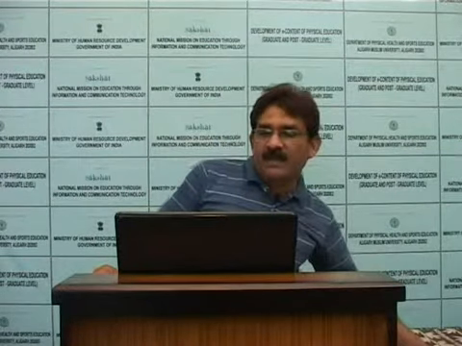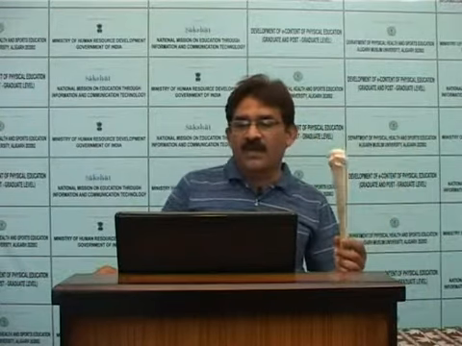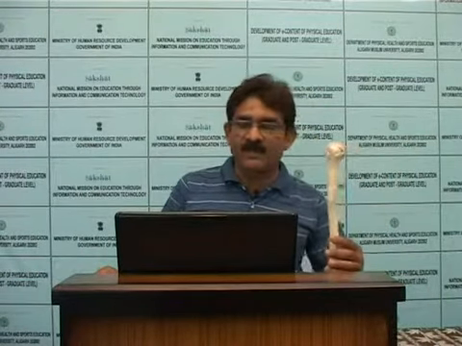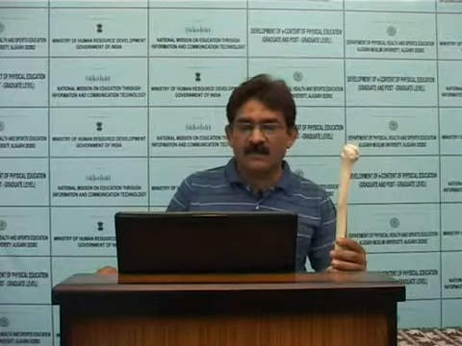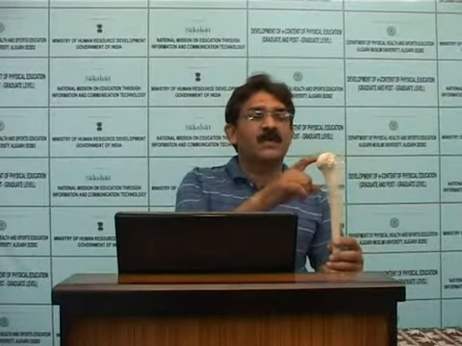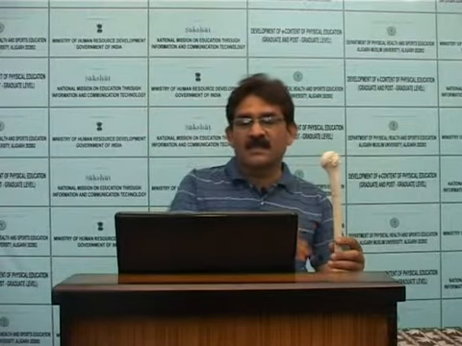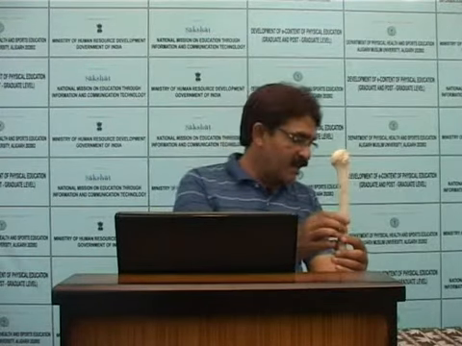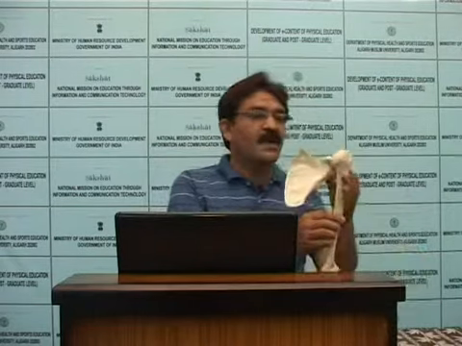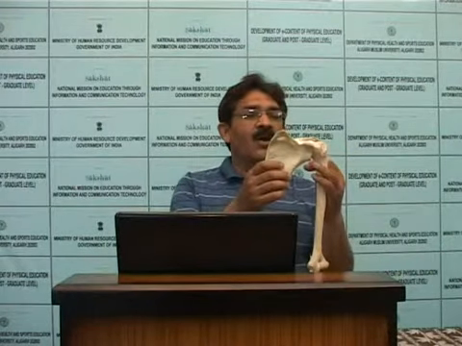This is the osteology of the upper limb. Diaphysis. In the upper limb, first of all we can describe the humerus. This is the upper part of the humerus, which articulates with the scapula.